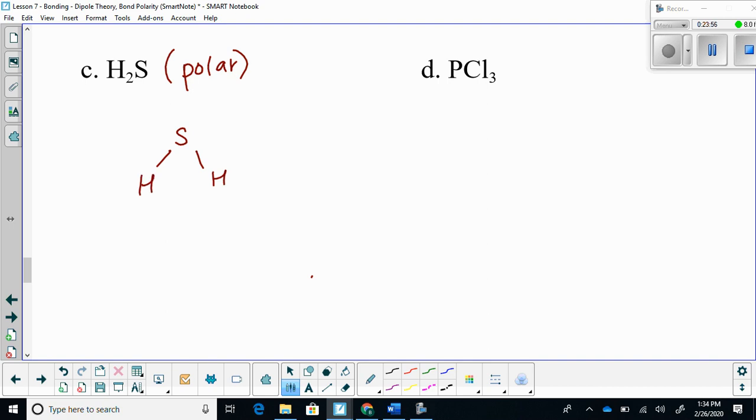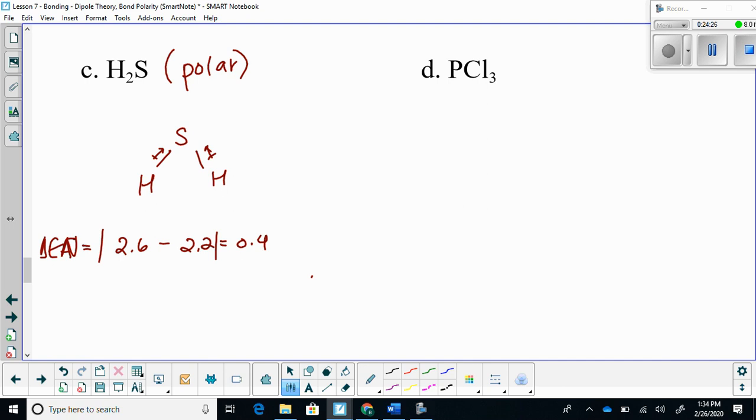What is the electronegativity of sulfur? 2.6. And what is the electronegativity of hydrogen? 2.2. Which gives me a 0.4 electronegativity difference. So our arrow is going to be quite tiny, and it's going to be pointing up at sulfur.